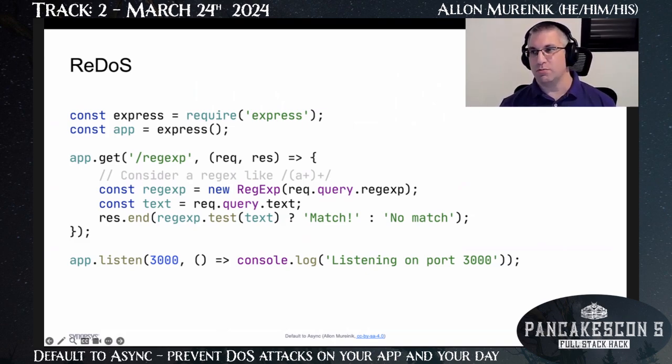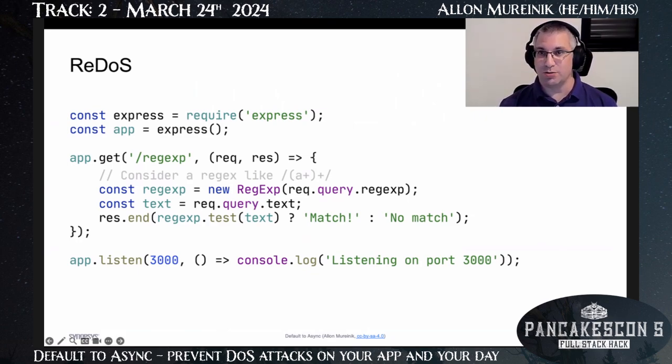So again, a vulnerable application snippet, again, intentionally vulnerable, do not paste this anywhere, but very straightforward. It gets a regex, it takes a text, it tests if they match, and returns some indication if they do or don't.